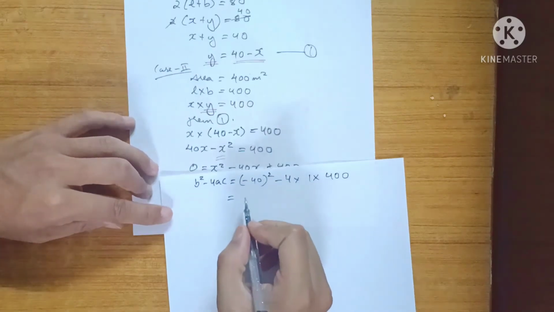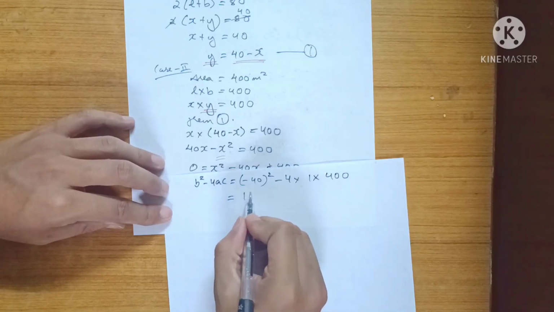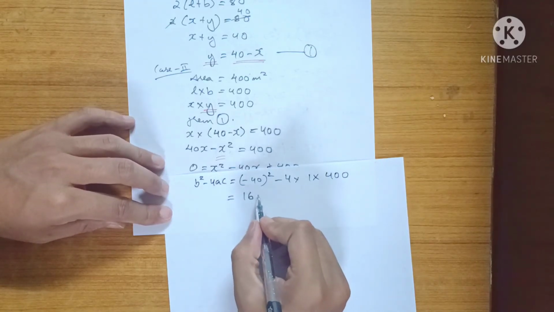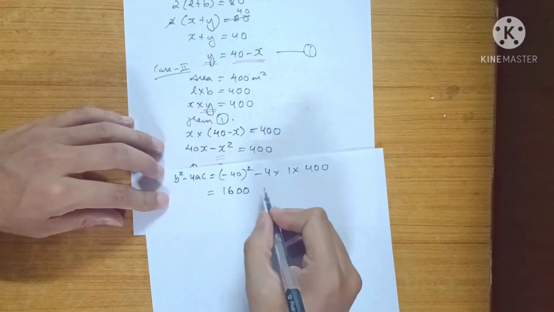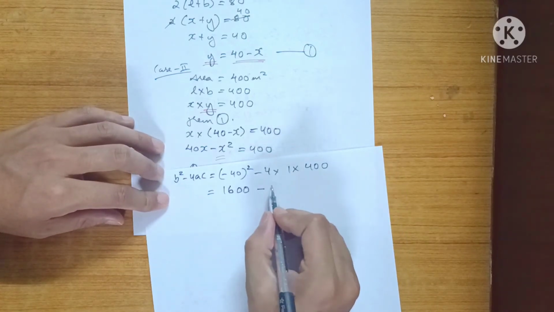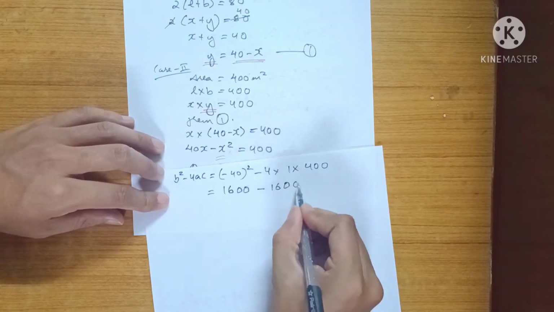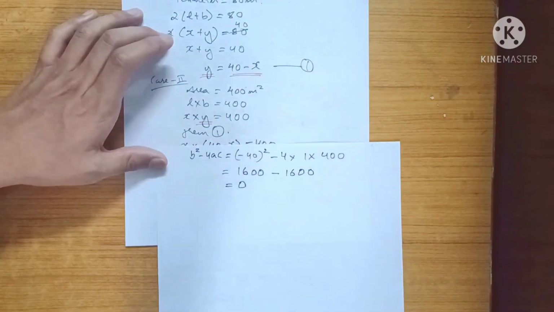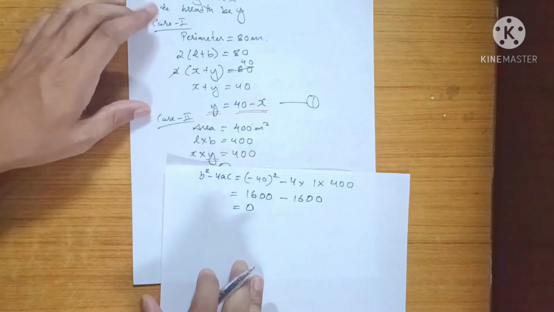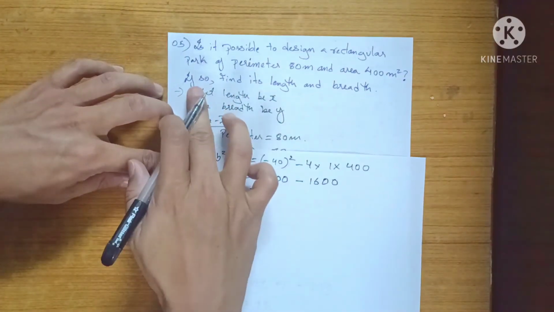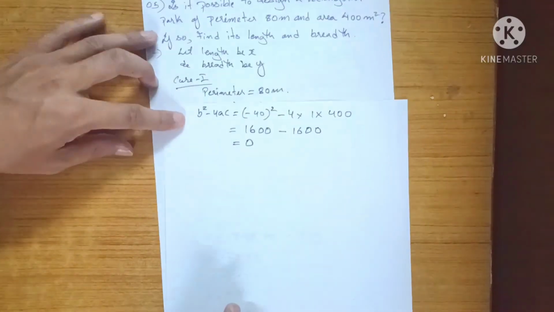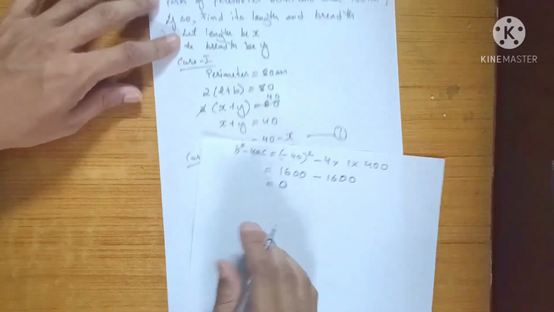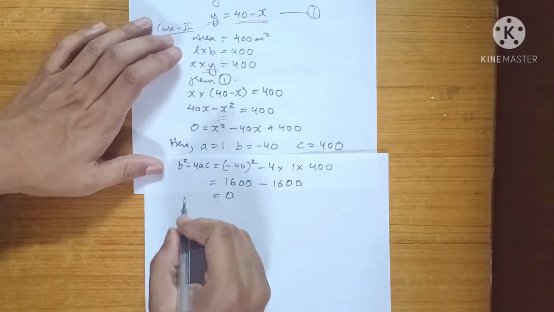So 1600 minus 1600, which is 0. So we're getting two equal roots. So it is possible, right? It is possible, and if so, they're saying find its length and breadth also. So let's find x.